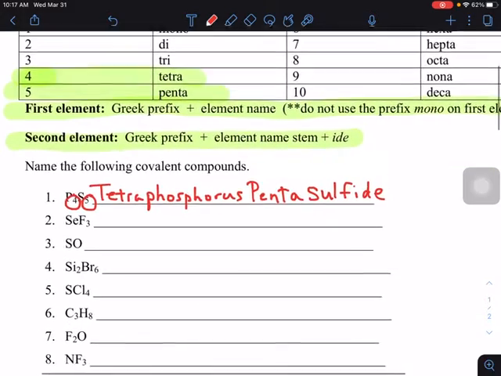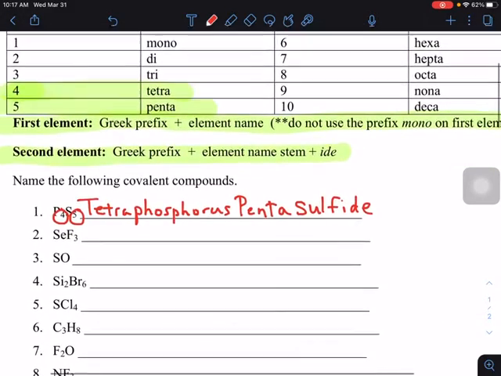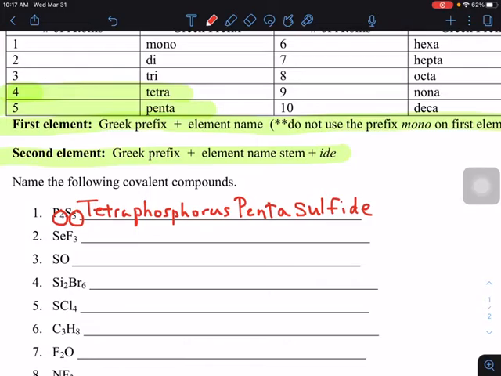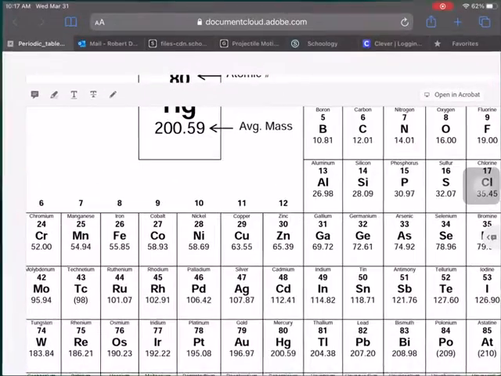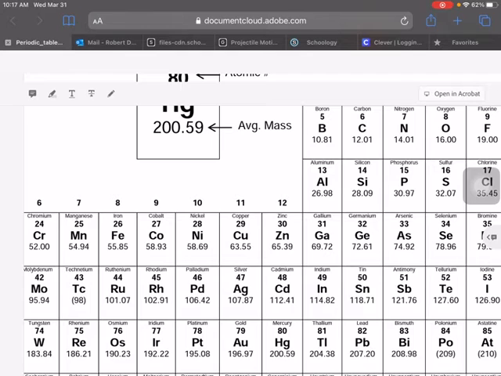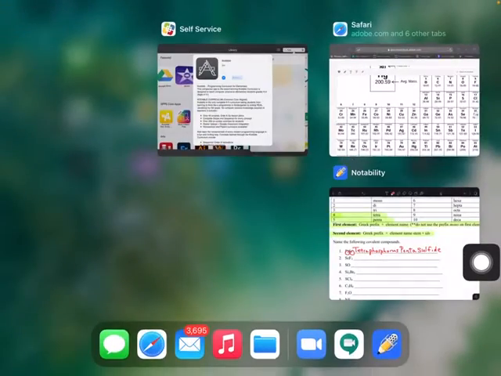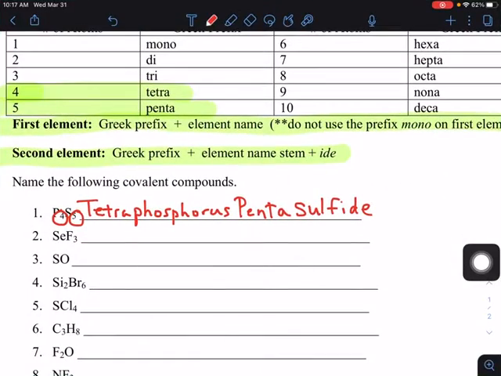Okay. The next one, SeF3. There's no subscript on the Se, and that's one we don't use a lot. This is Se right here, selenium. And remember on the first one, if there's only one of them, we don't use mono on the first element.